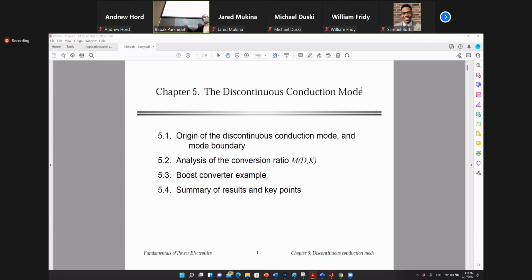That's one way of operation. Then you always have reverse recovery because you engage the body diode to its full capacity.